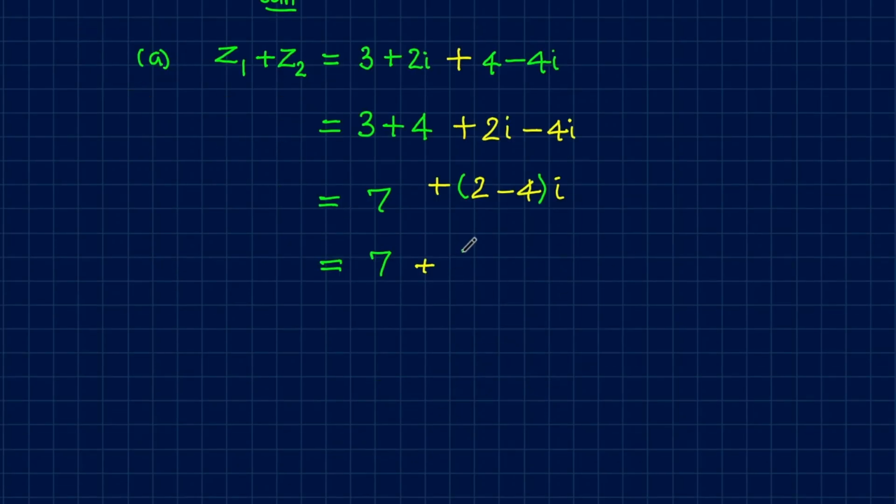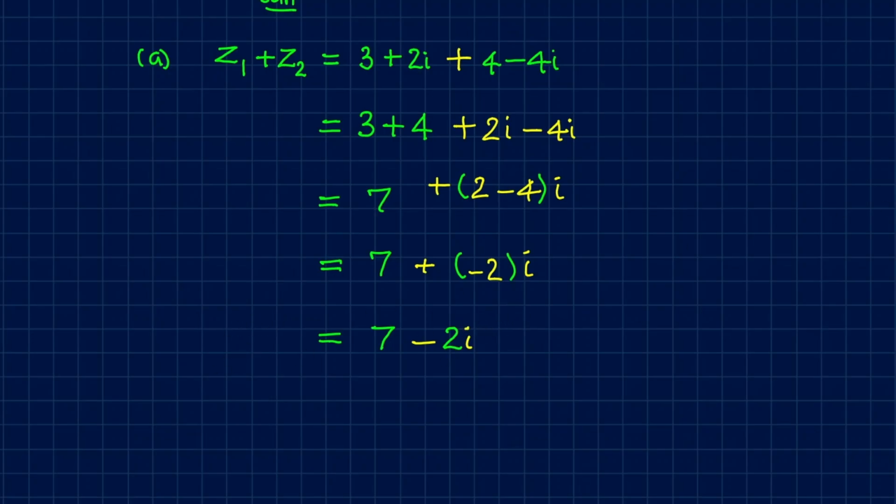Let us still create a bracket here and have this simplified to one number, and that is negative 2, and this is i. Lastly, we have to open up this bracket to obtain our answer as 7 minus, because positive times negative is negative, 2i as the complex number.